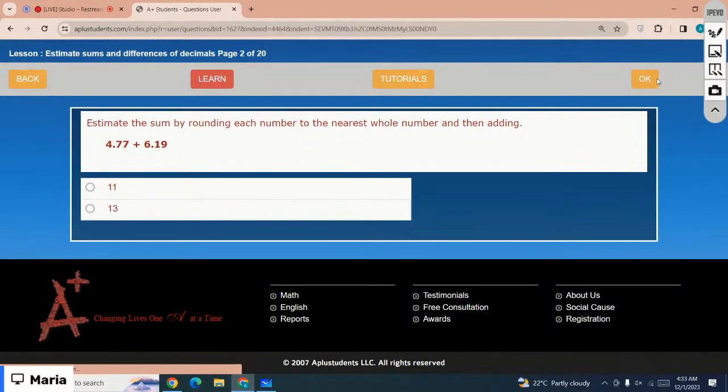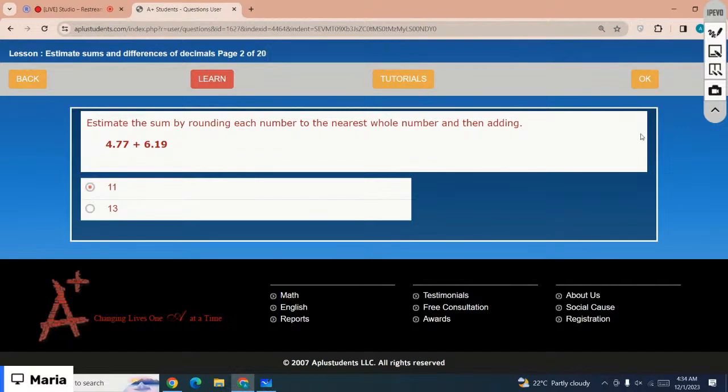Very good. Okay. Estimate by rounding each number to the nearest whole number and then adding, which is the correct option? That is 11. Very good.